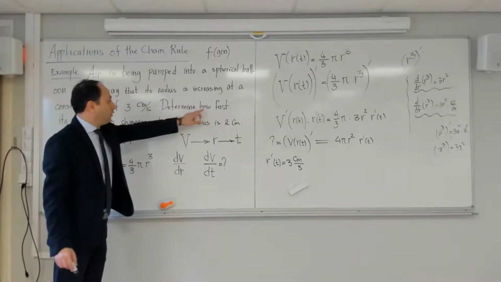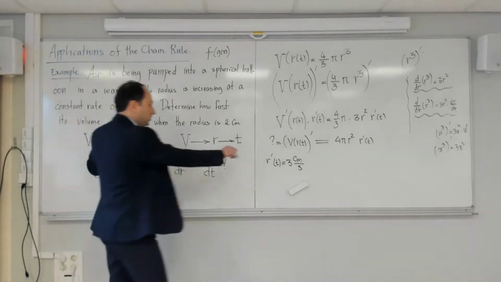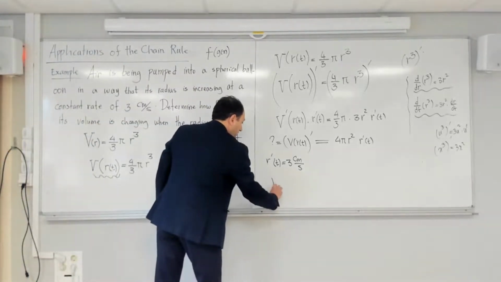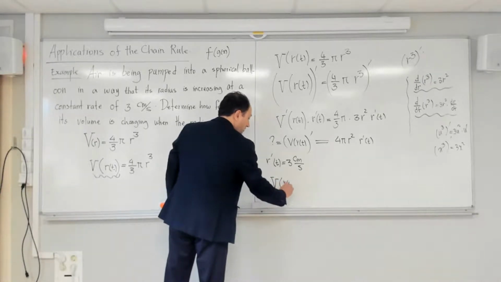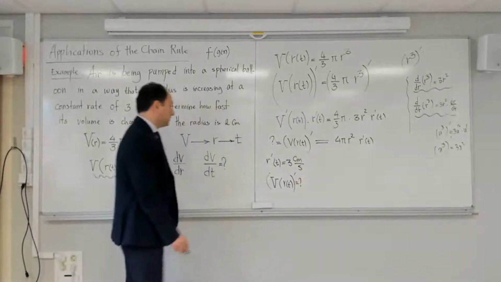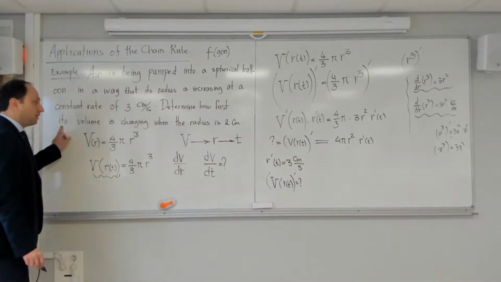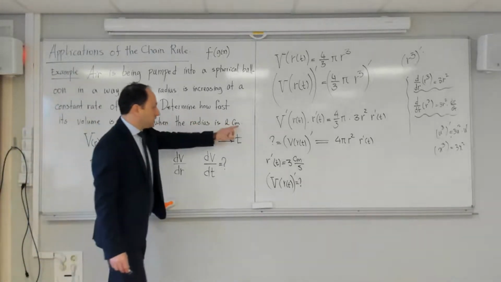Okay, determine how fast its volume is changing. So it means that you are interested in to see how the volume, which depends on r, which depends on time, changes. This is your question mark. There is also an extra piece of information. When the radius is 2 centimeters.